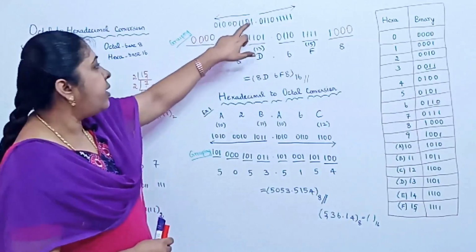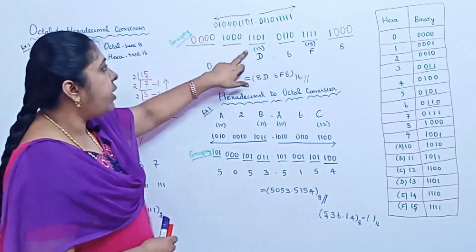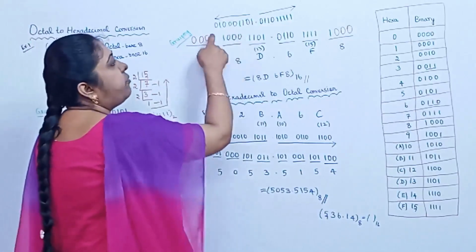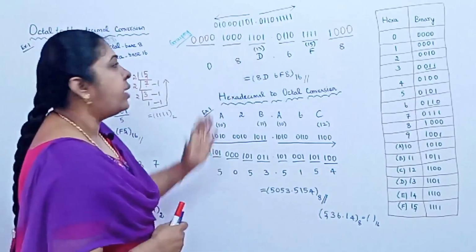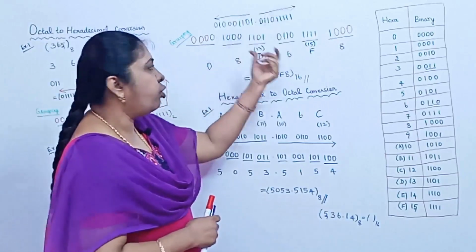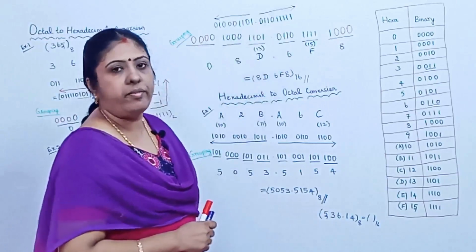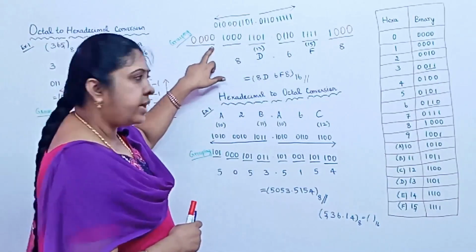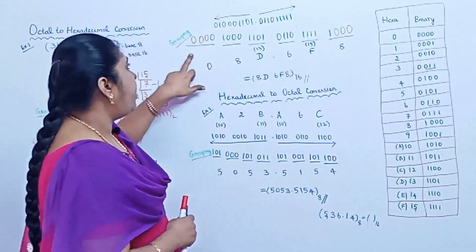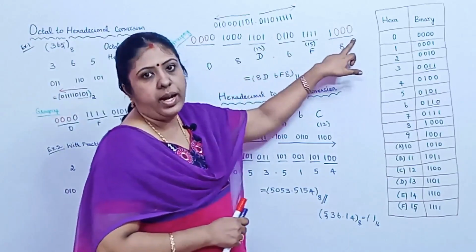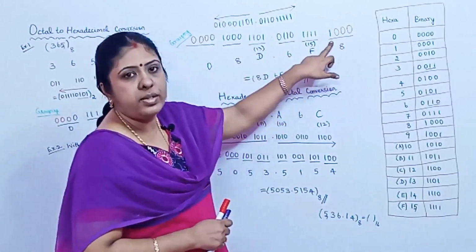For the integer part, the group of bits can be divided into 4 binary digits starting from the right to the left. And for the fractional part, starting from the left to the right, the bits can be grouped. After dividing, if we are left over with a single binary digit, zeros can be added here, and for the fractional part, zeros can be added here when we are left over with a single one.